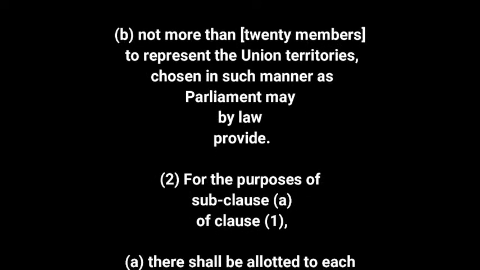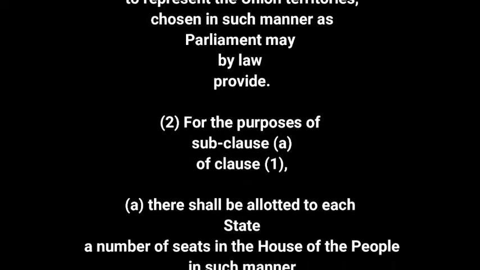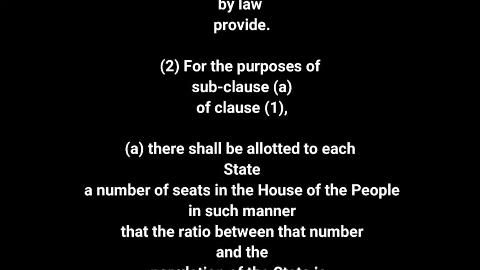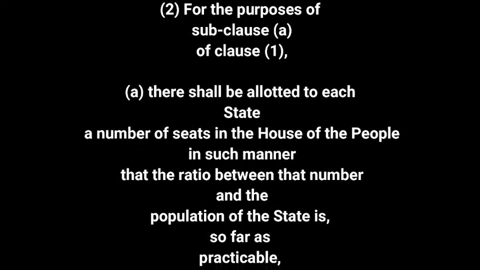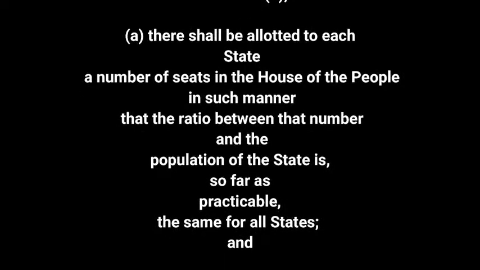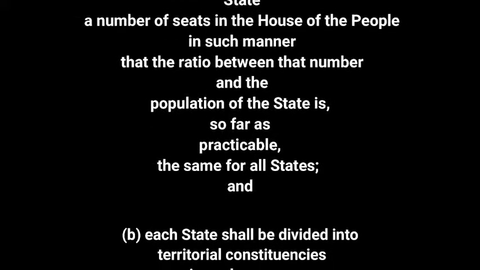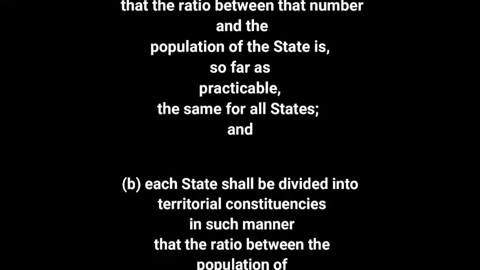2. For the purposes of Sub-Clause A of Clause 1, a. There shall be allotted to each state a number of seats in the House of the People in such manner that the ratio between that number and the population of the state is, so far as practicable, the same for all states.